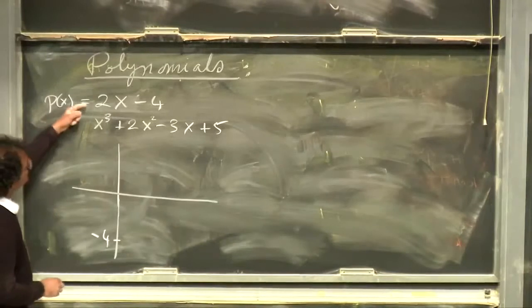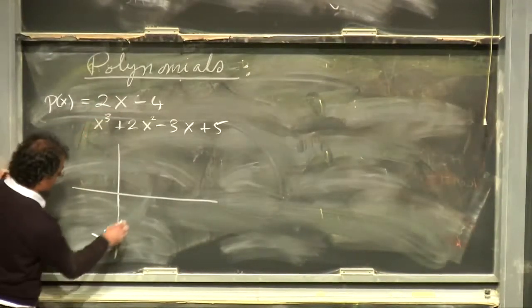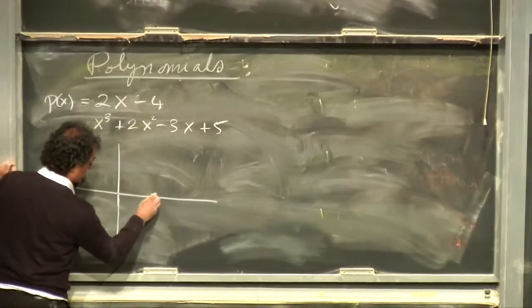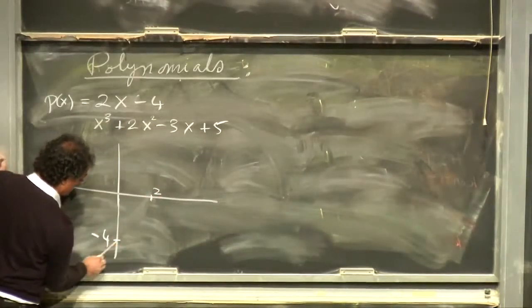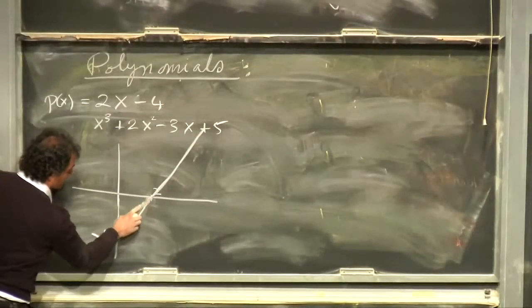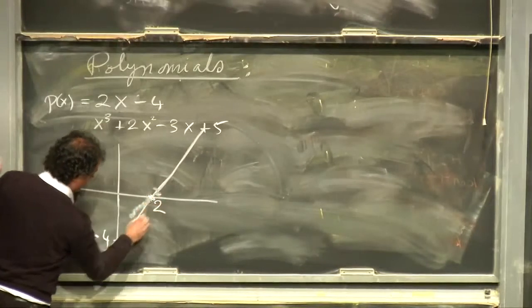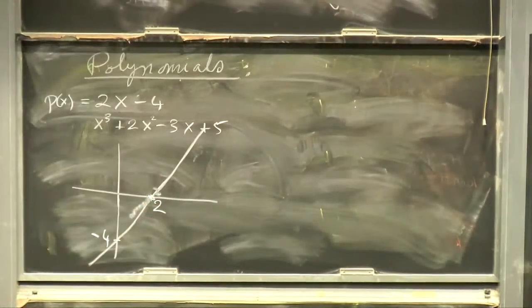And then p of x equals 0 at x equal to 2. And then this is a straight line, right? Right? I'm sorry? Not very straight, or? Okay.